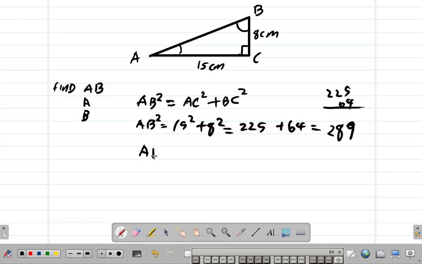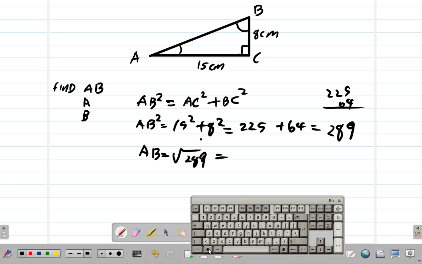So AB is equal to the square root of 289, which is what? Let's see now.